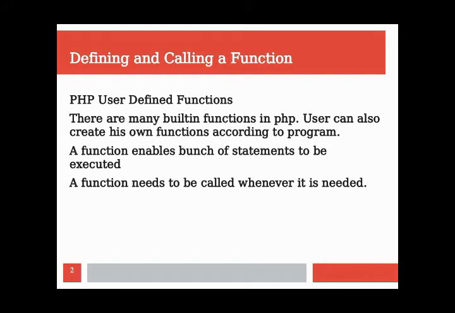It is possible just by calling the function on every page instead of writing the whole code again and again. If we don't use our own defined function, then we have to write that code again and again to display our advertisement on every page.